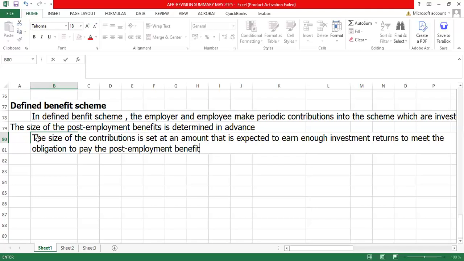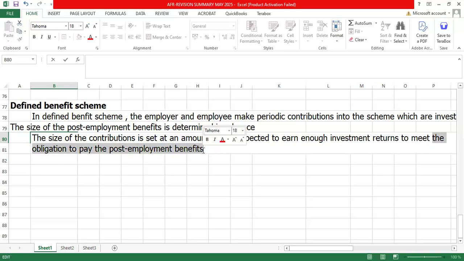Since we are saying that here the size of the post-employment benefits is determined in advance, it means that the size of the contribution must be set in line with what you expect as the future post-employment benefits.